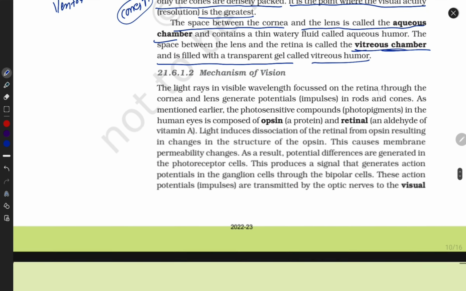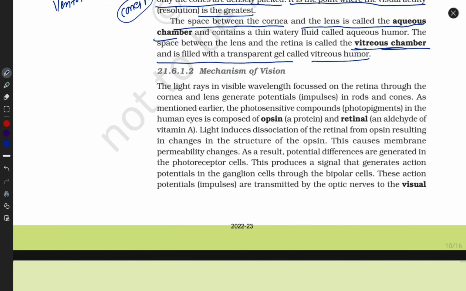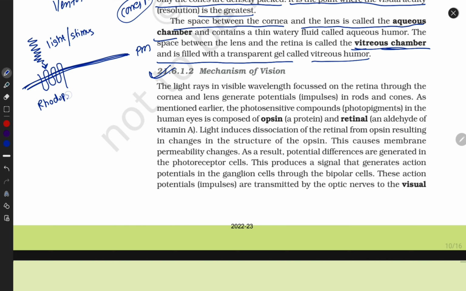Now this is the mechanism of vision. How? This is the rod cell, cone cells, plasma membrane. Here, photon means light, and it works as a stimulus. Then our rhodopsin is activated. Then what does it do? It conveys its message by a secondary messenger.